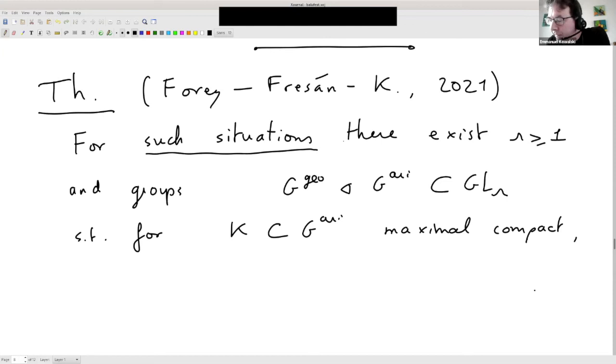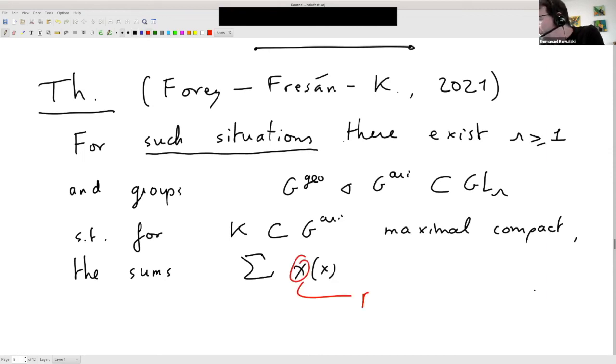So if you look at the sums, to be precise, what are the sums? There are going to be the characters, which are the parameters. They are not necessarily just one character, it could be a tuple.